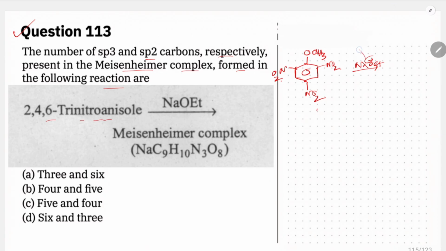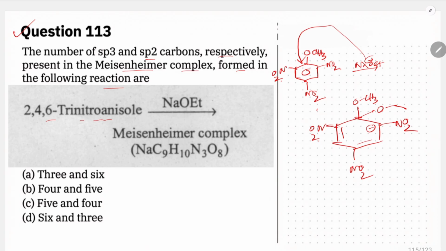It will attack this position and form the Meisenheimer complex. So how does it take place? This is O-CH3, then O-CH2-CH3, and there is a negative charge, and here NO2, and here a double bond, NO2.